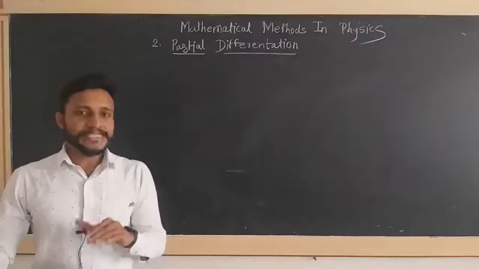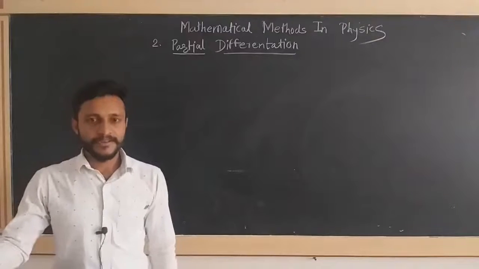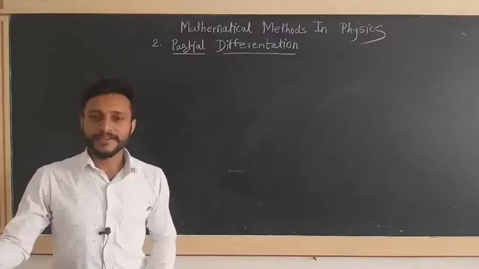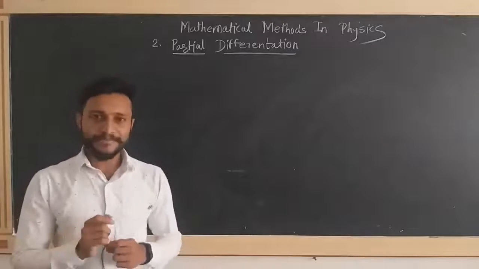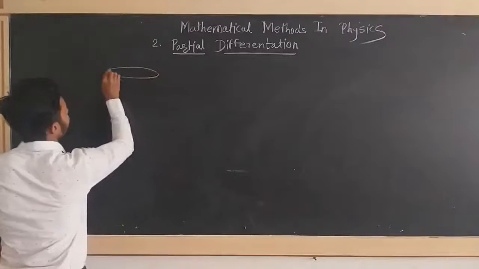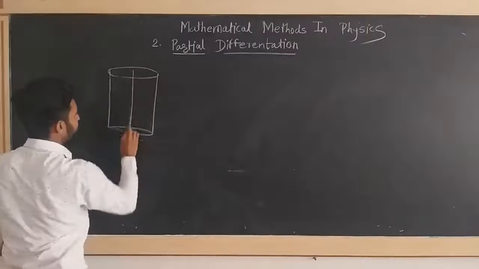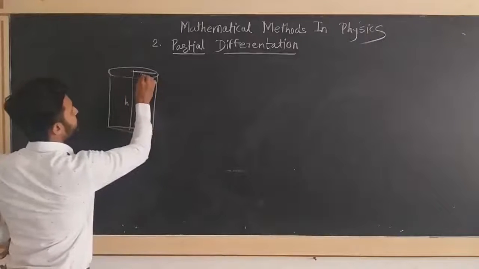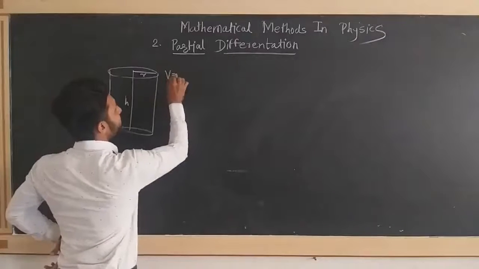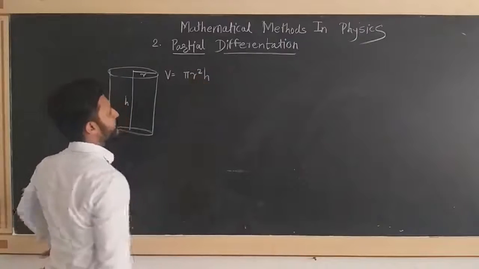The function or physical quantity which depends on two or more physical quantities, here we use partial differentiation for doing the mathematical process. For example, if you consider a cylinder having height h and radius r, then the volume of the cylinder is equal to pi r square h.